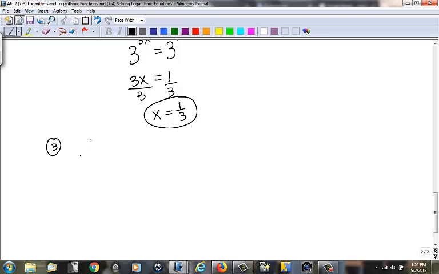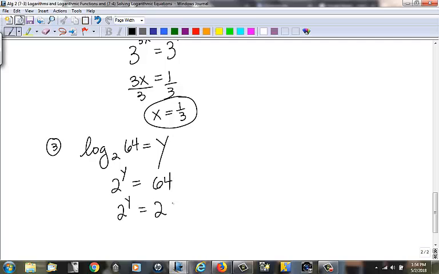Okay, another example. Log of 64 base 2, and I'm going to set this one equal to y. The base is the 2. The exponent, remember a logarithm is just an exponent. And go to the smaller base. 64 is 2 to what power? 2 times 2 would be 4, times 2 would be 8, times 2 would be 16, times 2 would be 32.